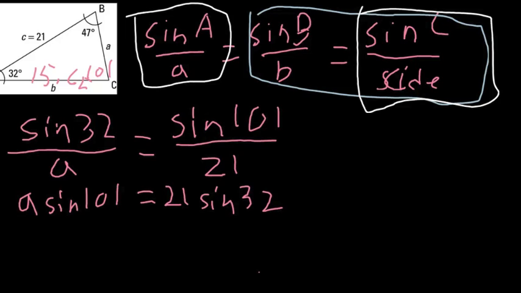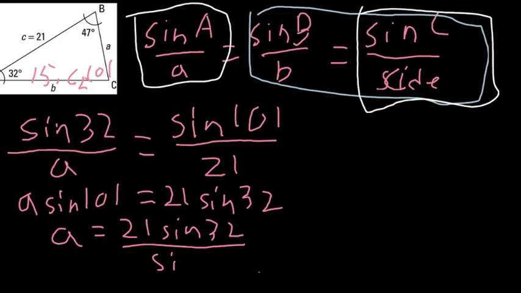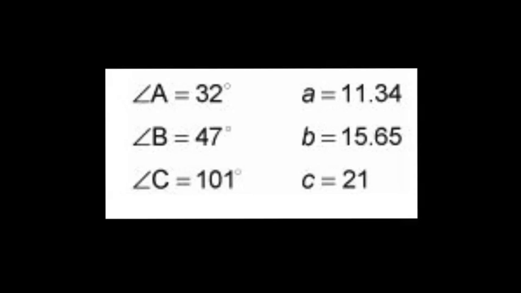If we divide both sides by sine 101, we get A equals 21 sine 32 divided by sine 101. If we put this into our calculator, we get A is equal to a side length of about 11.3366.